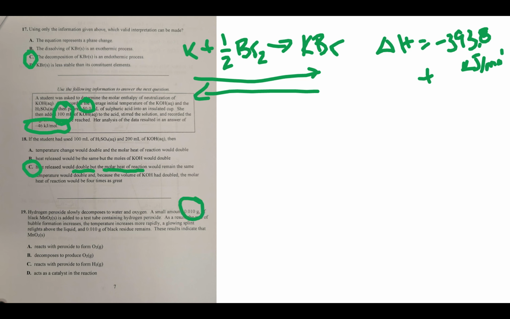And then this is all going to happen. The reaction takes place and temperature increases. But at the end, you have the same amount of that MnO2. So because this wasn't used up in the reaction, but it did cause the reaction to happen, that means that is a catalyst.